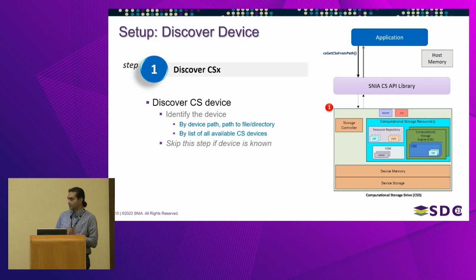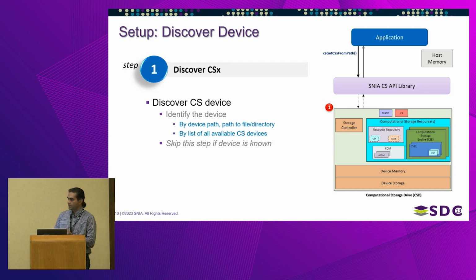So if that is your usage, then you can provide that as your information, or it is a specific file at a specific path on which you want to do compute, or a directory and so forth. So you can provide that as input, and given that input, you can find out which is your computational storage device. So that is one way of doing it. So once you do that, you get to know which is your computational storage device.